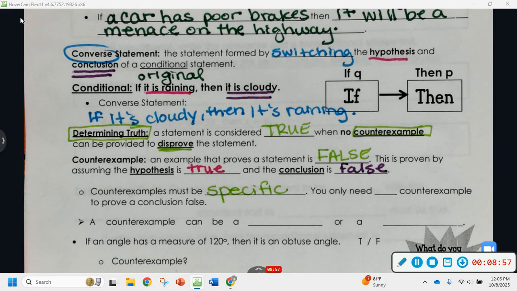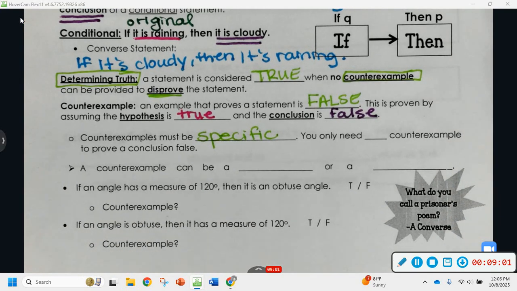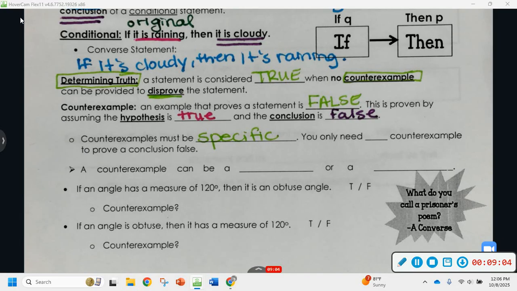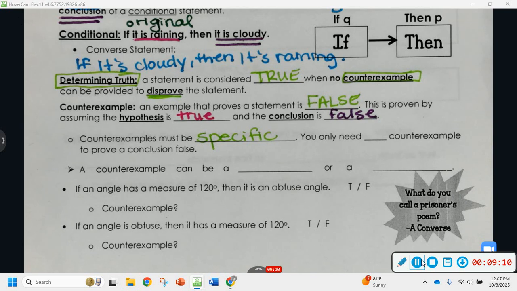So if I said all prime numbers are odd, well, we could go back and look at our sieve of Eratosthenes, and remember the first number we circled was 2.